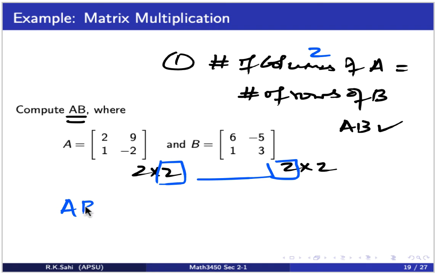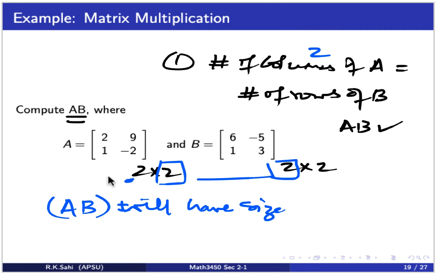And what would be the size of this new matrix AB? This new matrix AB, guys, will have size... remember, you remove the common part, what's left? This 2 will have size 2, which is the number of rows of the first matrix, by the number of columns of the second matrix, which is again a 2 by 2 matrix.